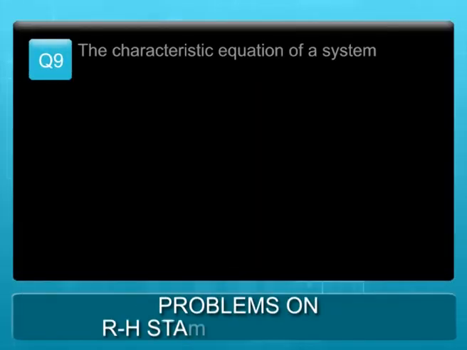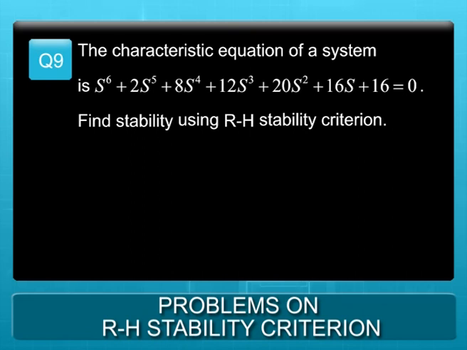The characteristic equation of a system is given by s power 6 plus 2s power 5 plus 8s power 4 plus 12s cube plus 20s square plus 16s plus 16 equal to 0. Find out the stability of the system using the R-H stability criteria.